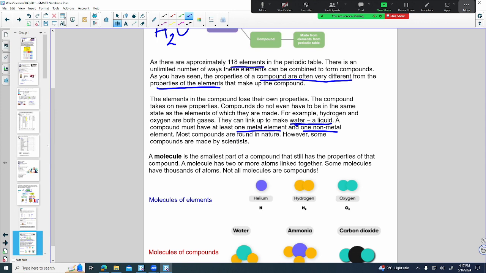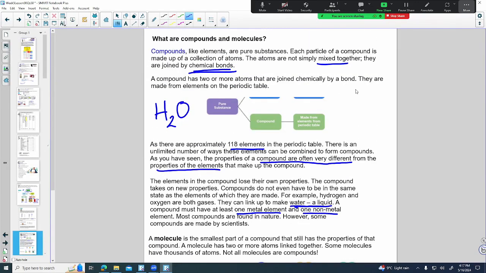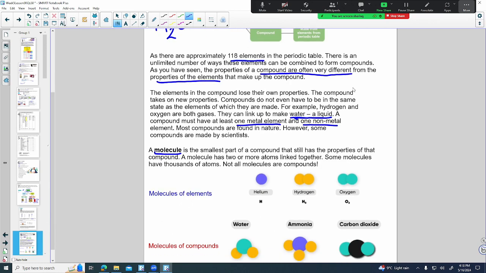Okay, up next, we just looked at the word compound. Notice that this word is bolded in your book. That means it's darker. The next one is a molecule. A molecule is the smallest part of a compound, which means that it still has the properties of that compound.